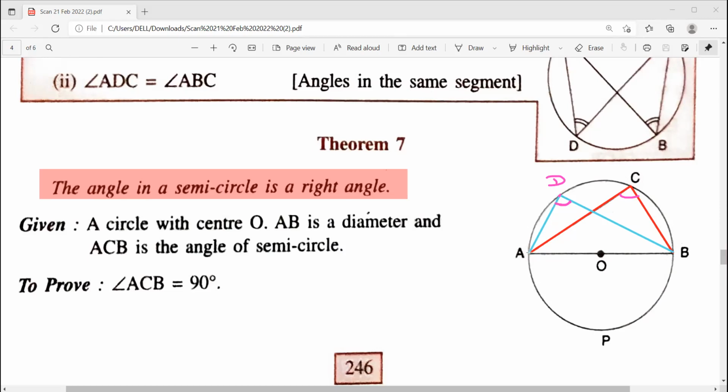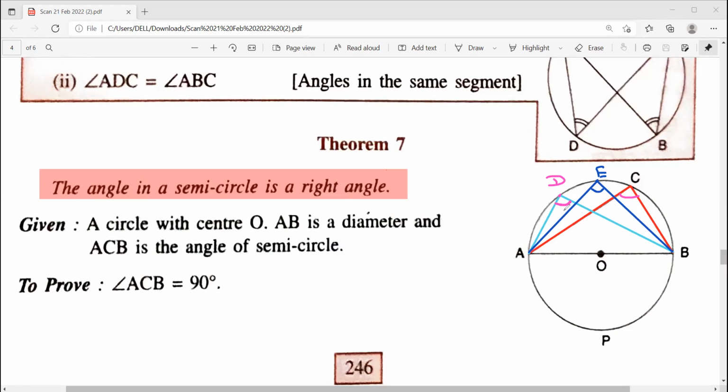I can decide another point. Once again, this angle which I'm getting, say this point is E. Again, this angle also is subtended by diameter AB on the circle.